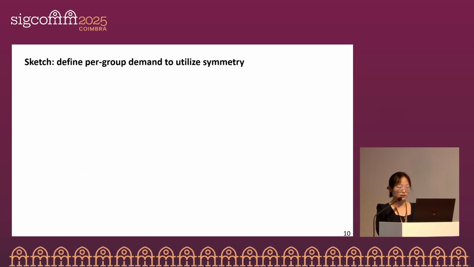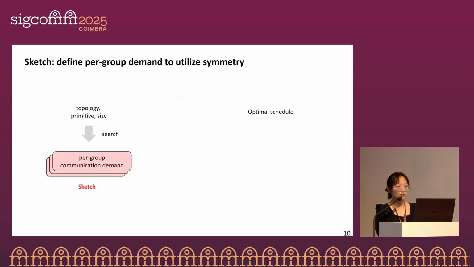To utilize this symmetry, we introduce Sketch, which defines per-group demand. Existing synthesizers take the overall communication demand as input and try to solve the schedule directly, so the search space is too large. In fact, they allow the groups in the same dimension to have different schedules, though this will never be the result. In contrast, we first determine the per-group communication demands.